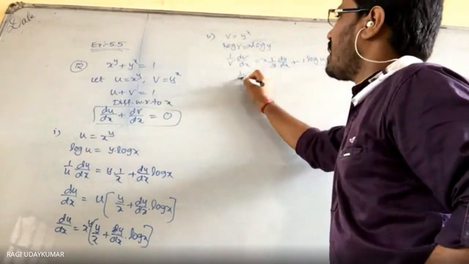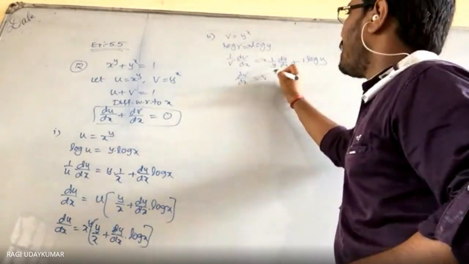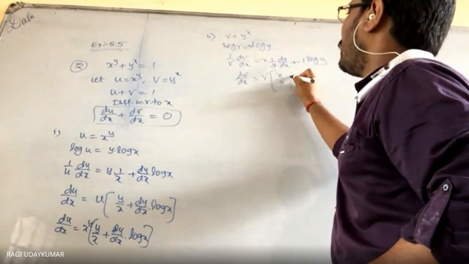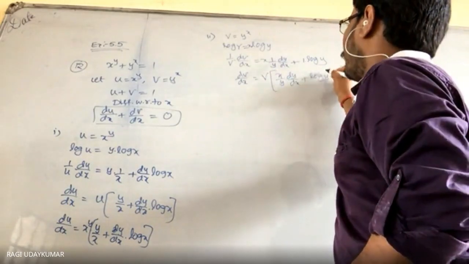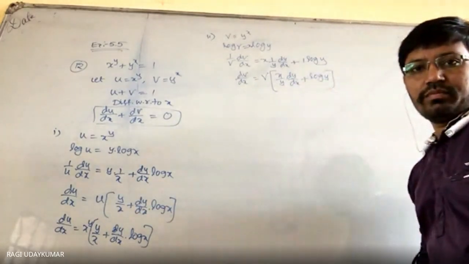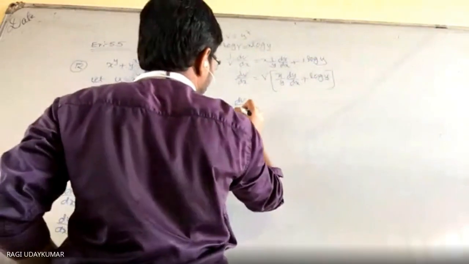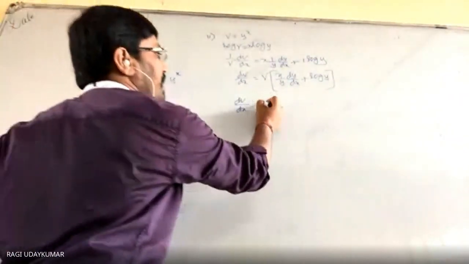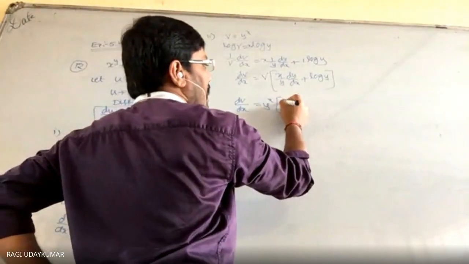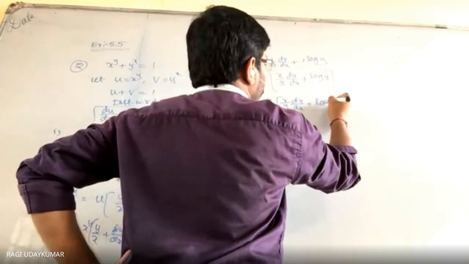So dv by dx is equals to v into x by y into dy by dx plus log y. Now replace the v value: dv by dx is equals to y power x into x by y dy by dx plus log y.